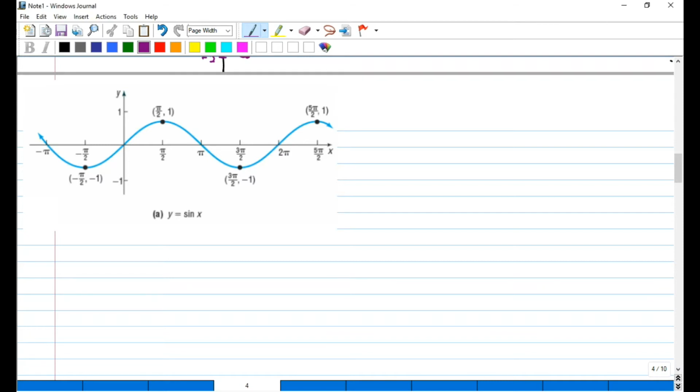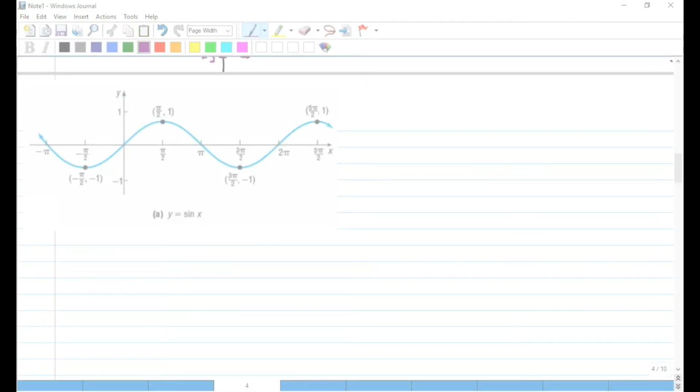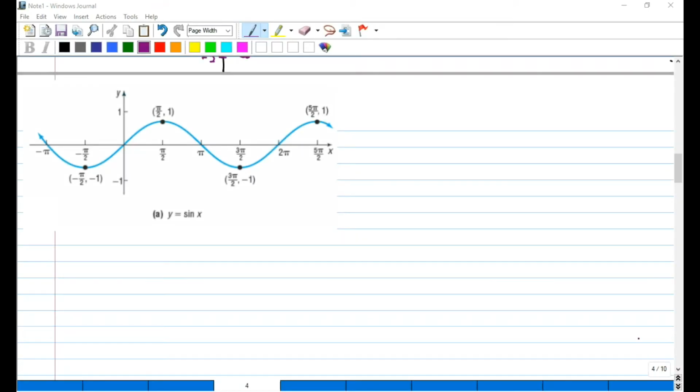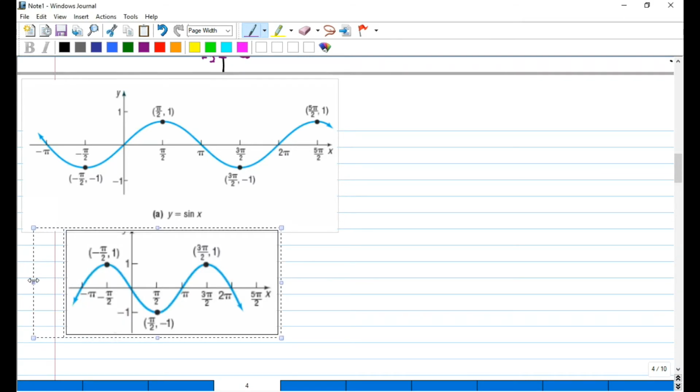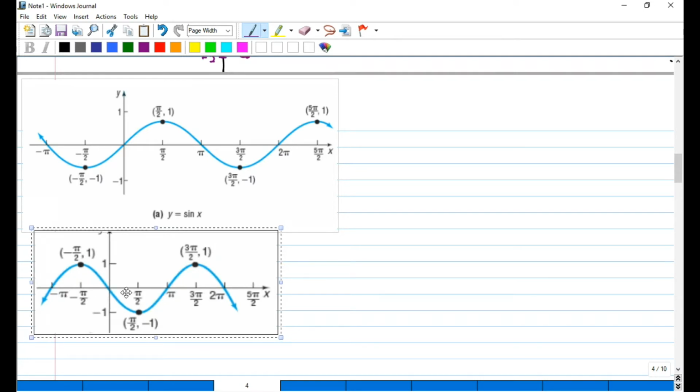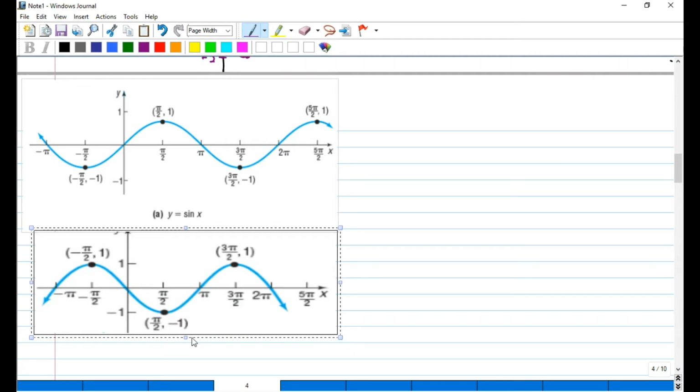Here is the graph of... That wasn't what I wanted. That'll be okay. Here's the graph of y equals negative sine of x. So let's look at that real quick. See if we can compare the two. I know one is larger than the other. Maybe I can stretch it out just a little bit. Try to get it to look a little similar.